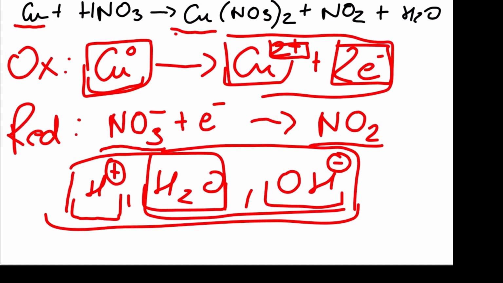And which pair we choose depends on the pH of the solution. This solution's pH is acidic, so we are choosing H plus and water particle for this example. Yes, H plus and water particle.